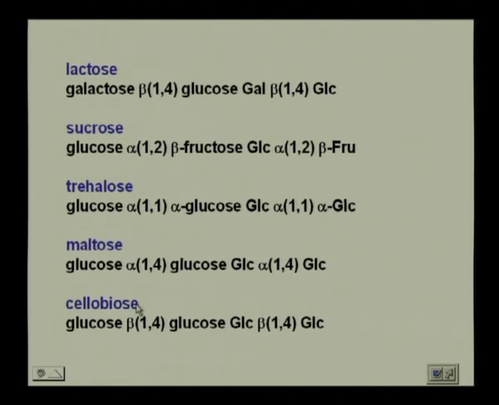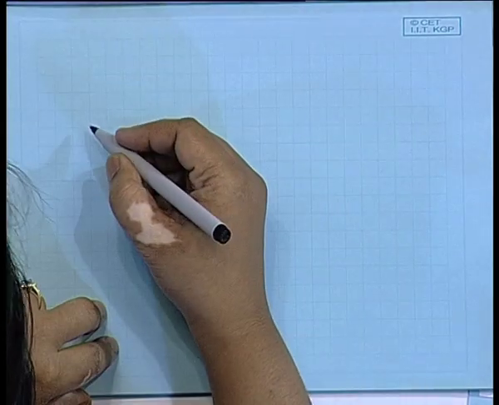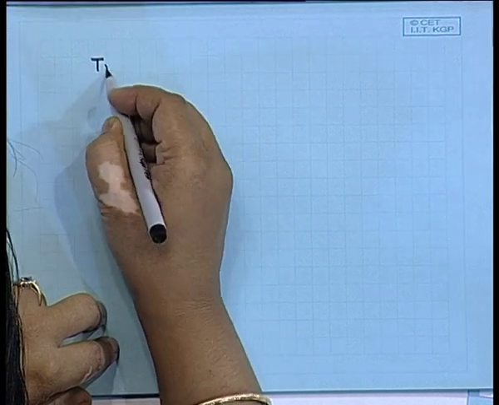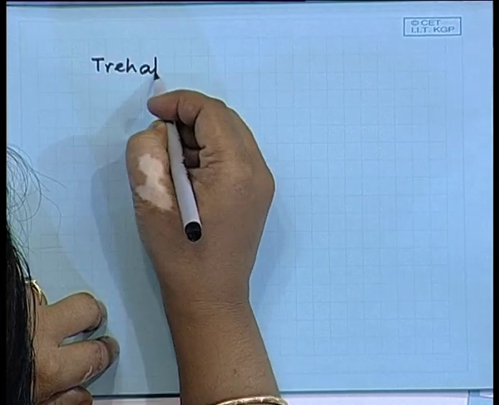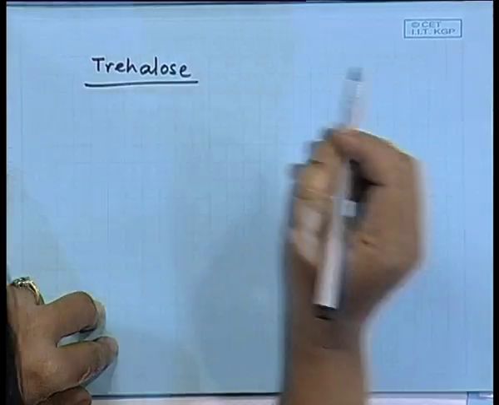We have cellobiose. Okay. Let us do just one of these structures. Say let us do trehalose, because it is both glucose units and we already looked at maltose. So, we are looking at, what is this?